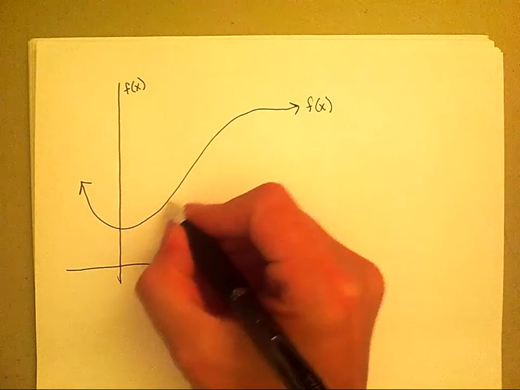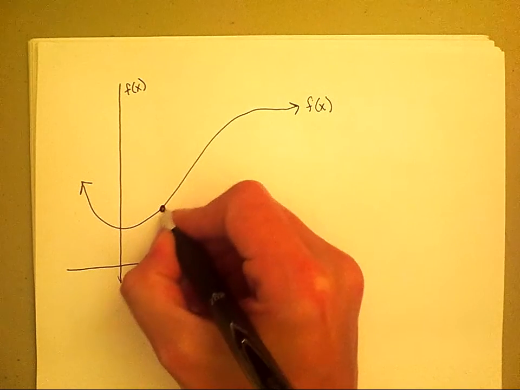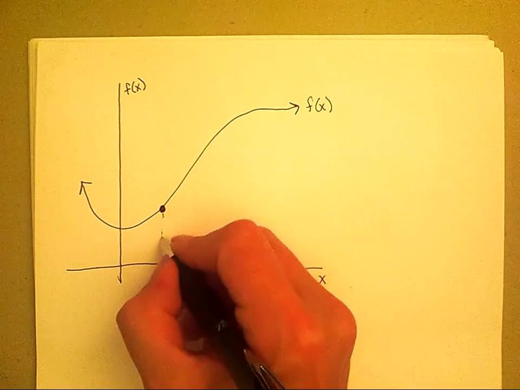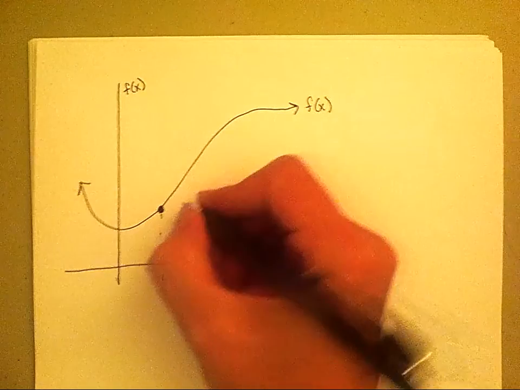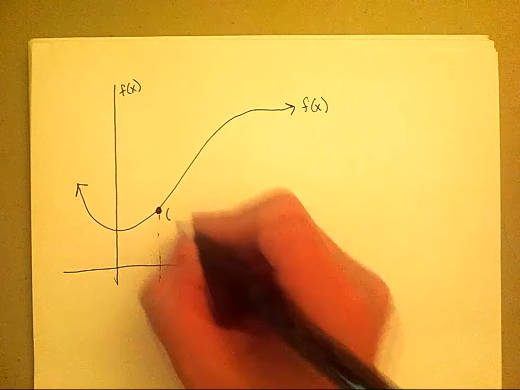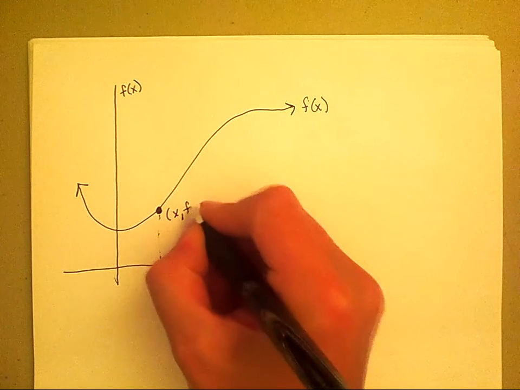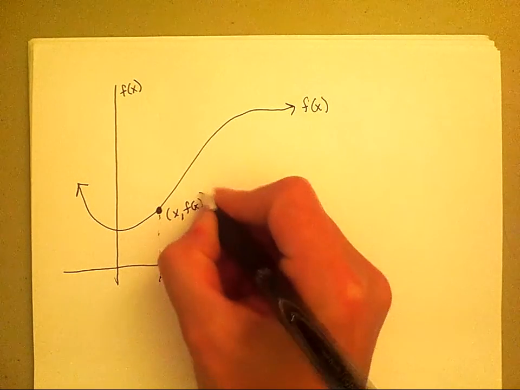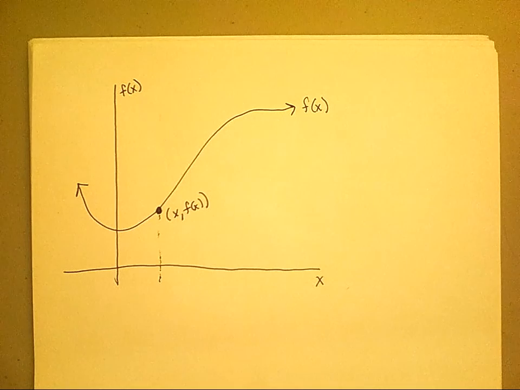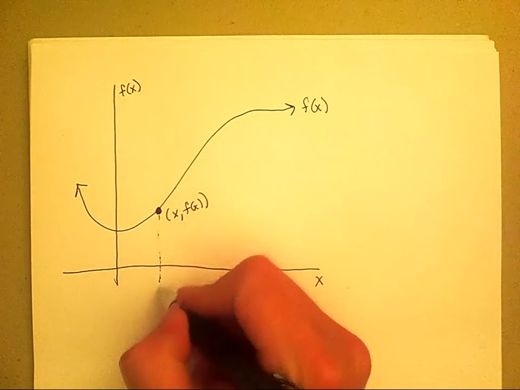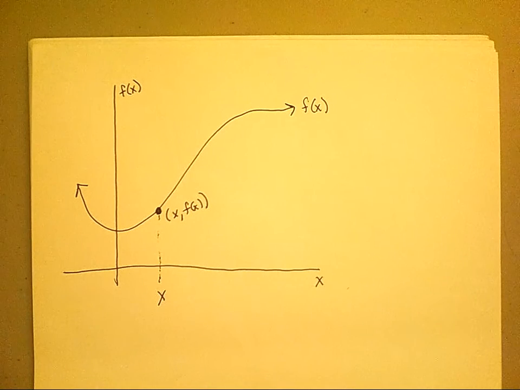So this will be our f of x. This will represent the function values, these represent the x values. Now let's say I want to pick a point on here. Then we know this ordered pair is x, and then whatever that function value comes out to be.